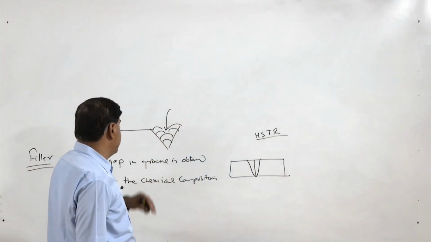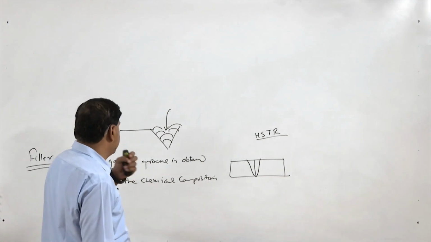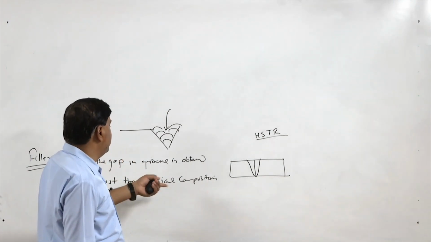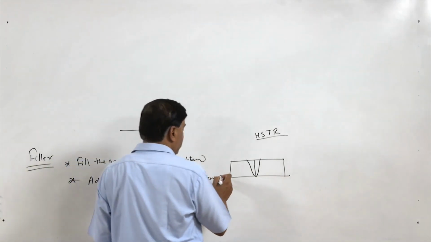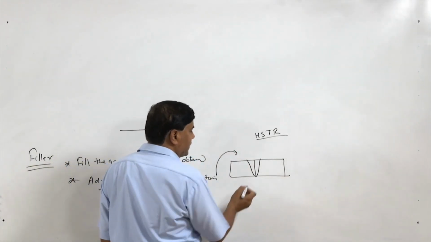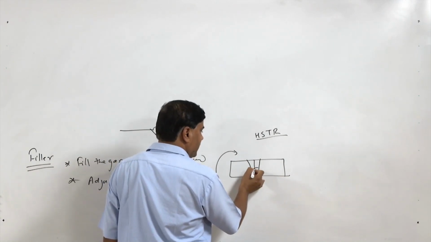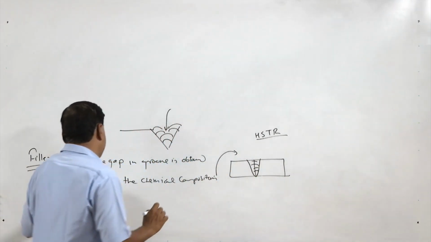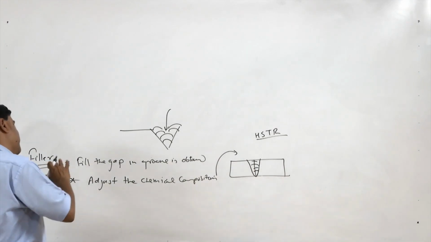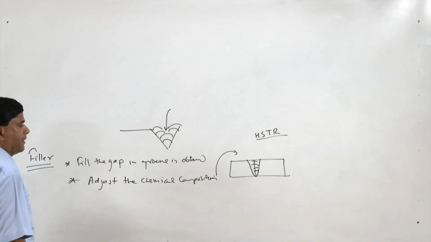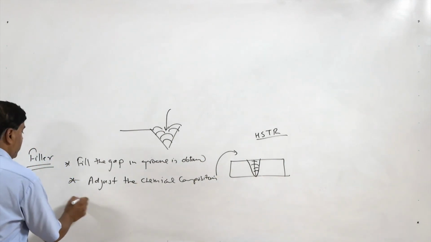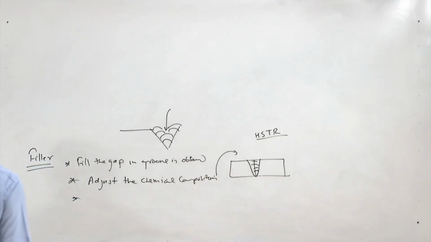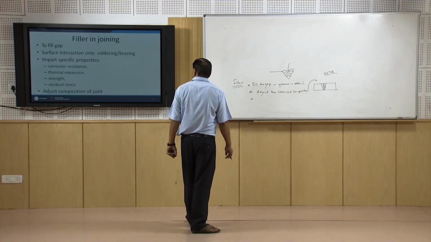That tendency is reduced by adjusting the chemical composition of the weld metal in such a way that the solidification temperature range is reduced. So, sometimes filler metal of a different chemical composition is used so that solidification cracking tendency can be reduced.